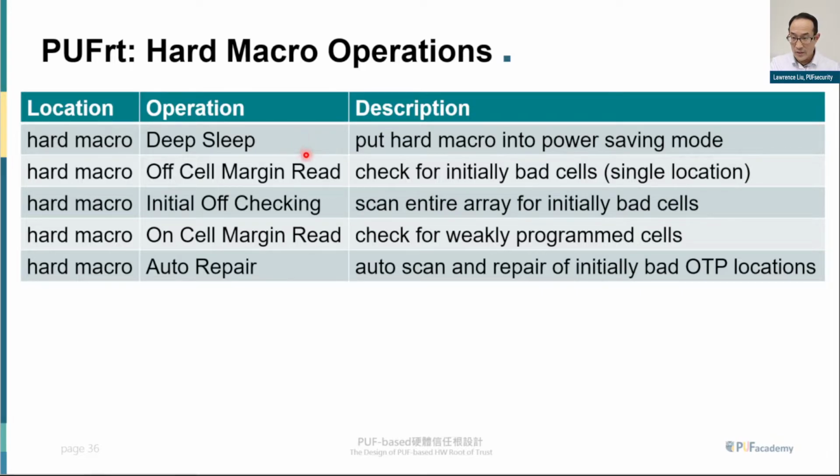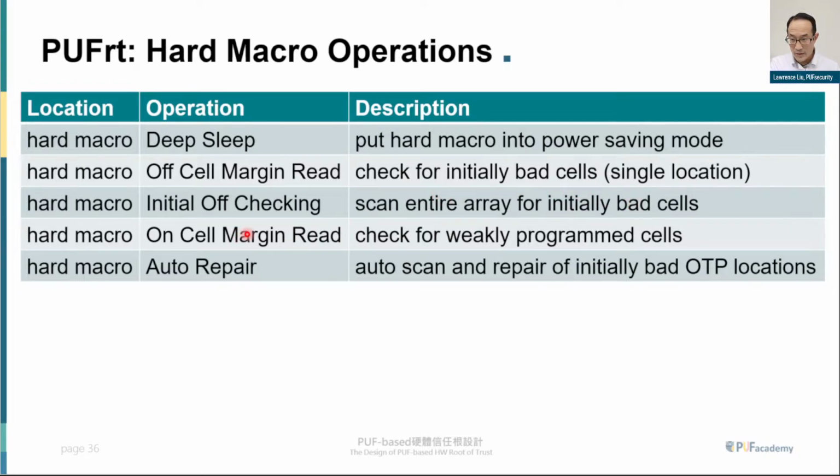And the second and third operations here are related, the off-cell margin read and also initial off checking. This operation is to check for initially bad cells. The only difference being that the first one here, off-cell margin read, checks an individual cell, and initial off checking checks the entire array for any initially bad cells.